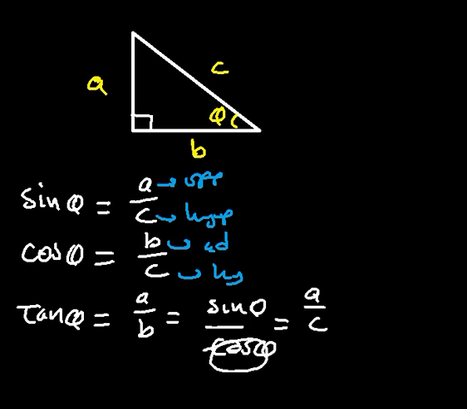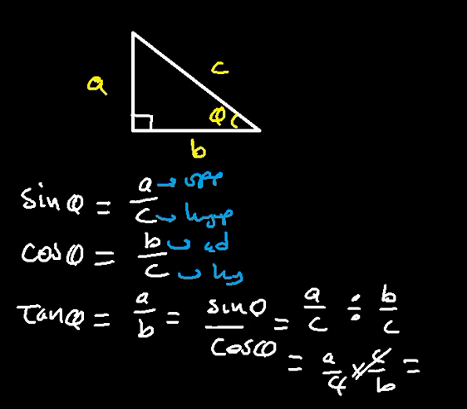And what is the cos theta? Cos theta corresponds to the adjacent over hypotenuse. What is the adjacent? We have it as B. And what is the hypotenuse? We have it as C. Therefore, cos theta is B over C. Of course, tan theta is the same as A over C times C over B, and the C's will cancel, leaving A over B. So which is the same as that.